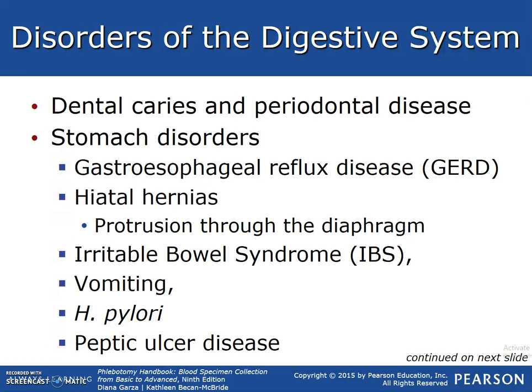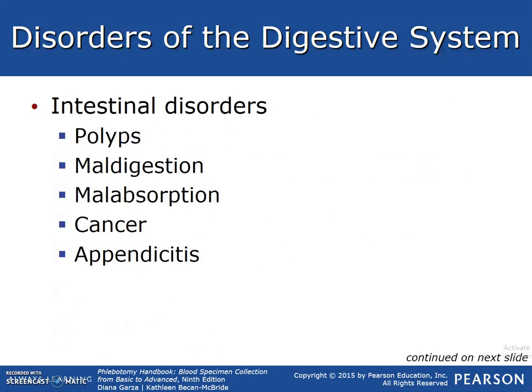Disorders of the digestive system include dental caries and periodontal disease, stomach disorders such as GERD, gastroesophageal reflux disease, hiatal hernias, protrusion through the diaphragm, irritable bowel syndrome, vomiting, H. pylori, which we will cover in our class and run testing for, and peptic ulcer disease.